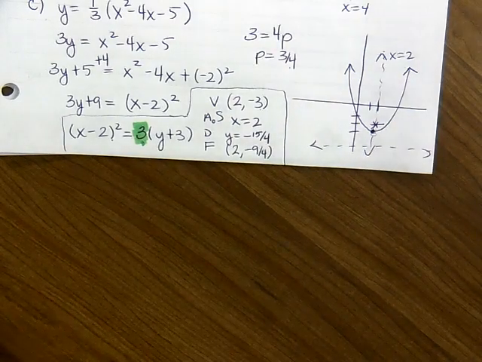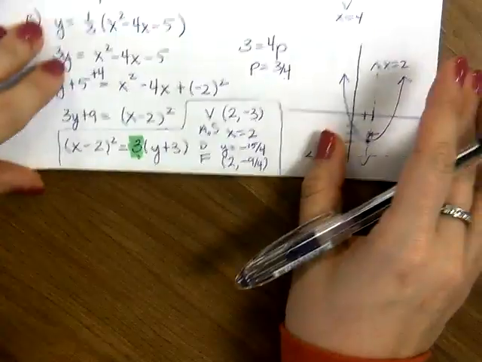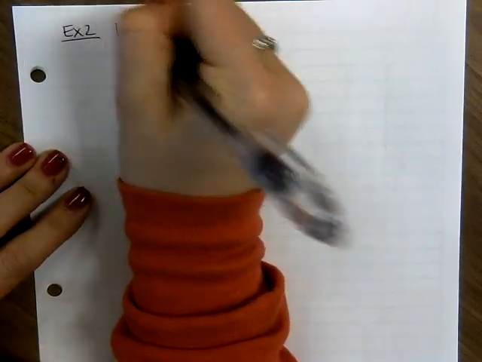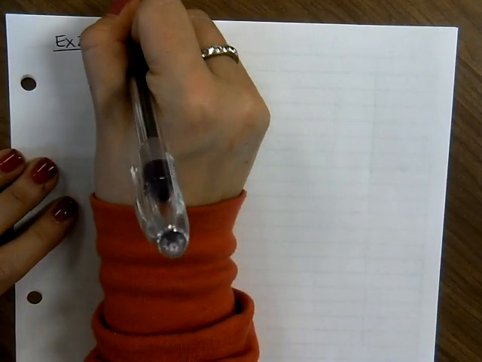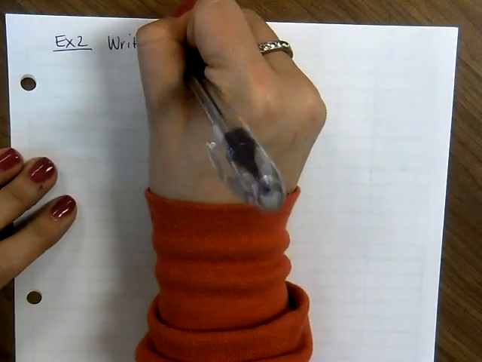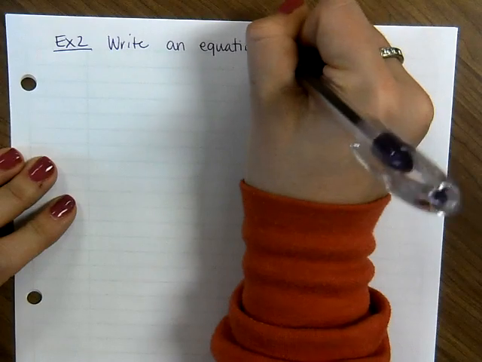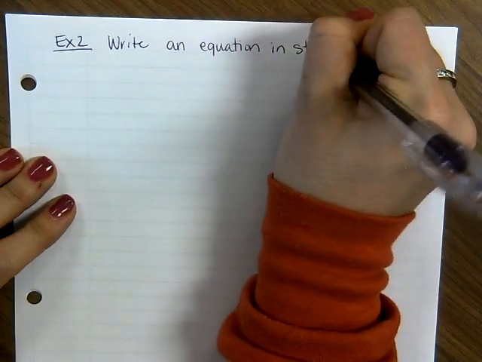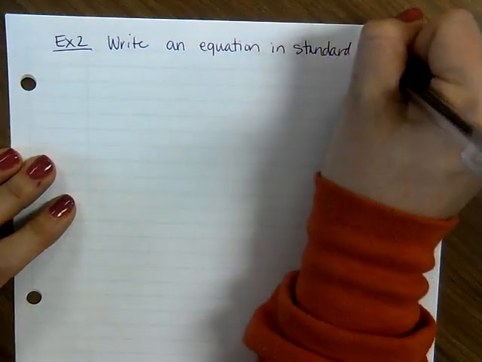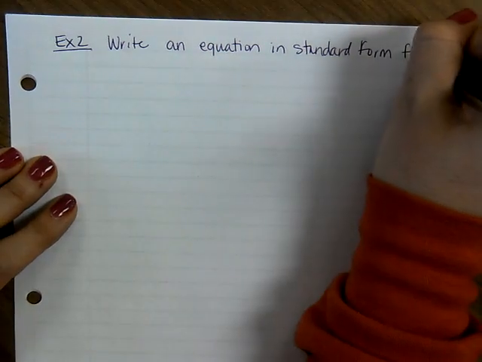Okay, good. Moving on. Okay, we're going to shift gears now. We're going to go kind of like backwards. Write an equation in standard form for the parabola.